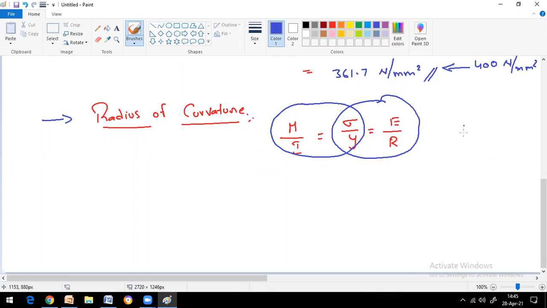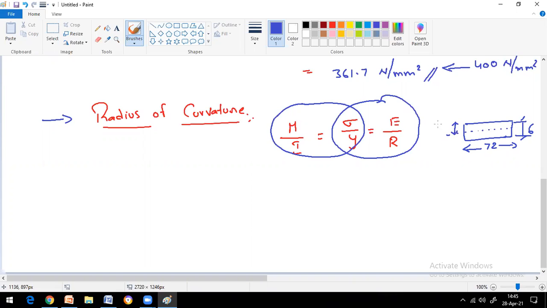What is Y? See, this is your plate. The width of the plate is 72 mm. The thickness of the plate is 6 mm. Y is nothing but the distance from the neutral axis to the outmost layer.